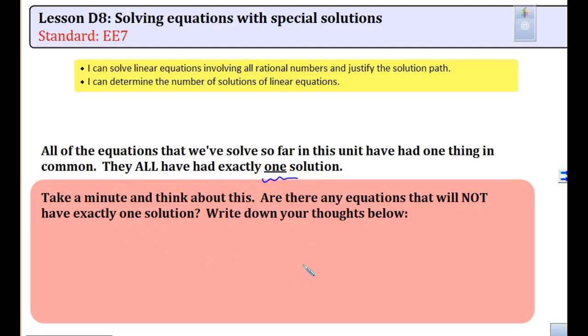I want you to think about any equation that will not have exactly one solution. Anyone have any ideas on an equation that could not have one solution? If you think about an inequality, right?